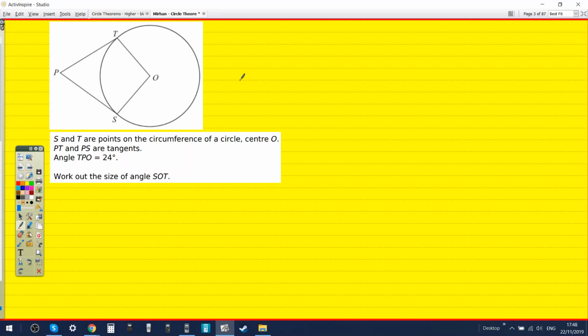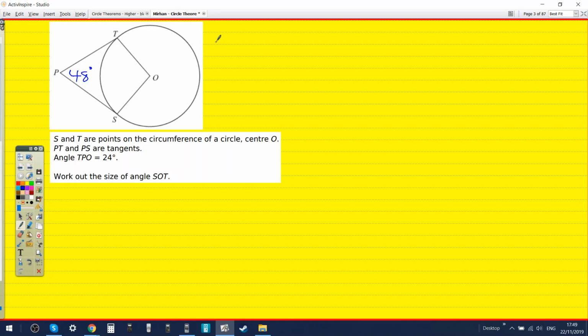Alright, let's give this a go. So angle P is 24. No, sorry. Half of angle P is 24. Yeah. So the whole angle is 48. Is angle O also 48?